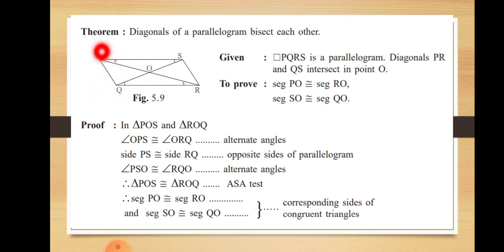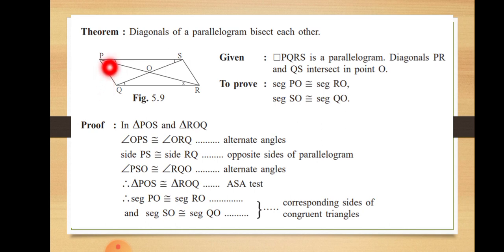So angle OPS, this upper side angle, is congruent with this angle ORQ, as well as segment PS is congruent with segment QR, by using which property? Opposite sides of a parallelogram are congruent. And then the remaining angle, angle PSO, this angle is congruent with angle OQR, and both are alternate angles. Hence these two triangles are congruent by which test?